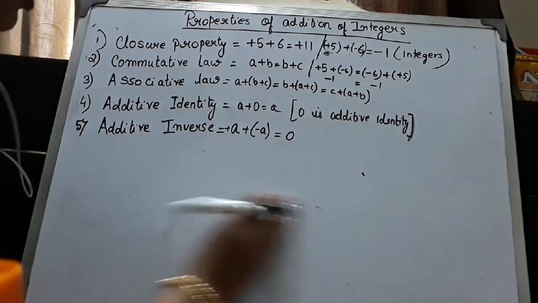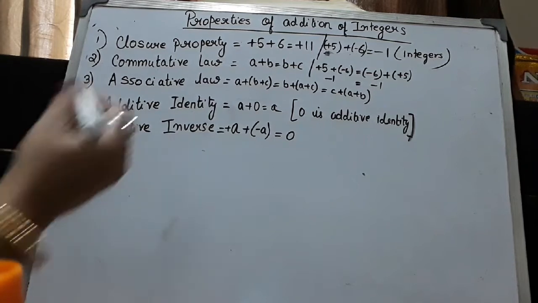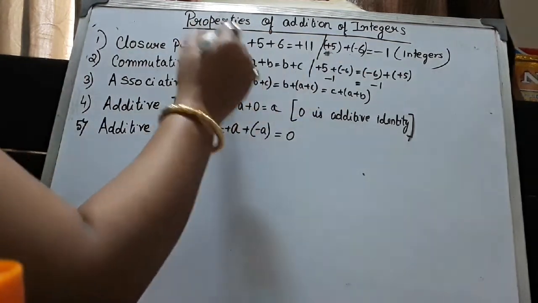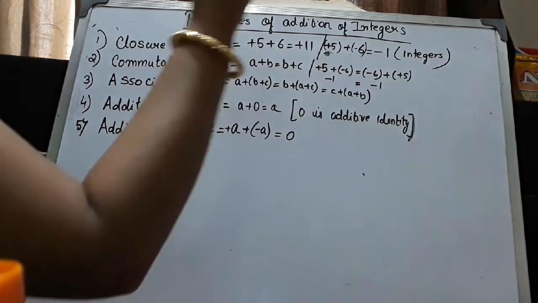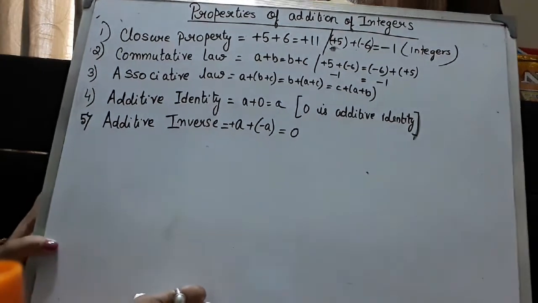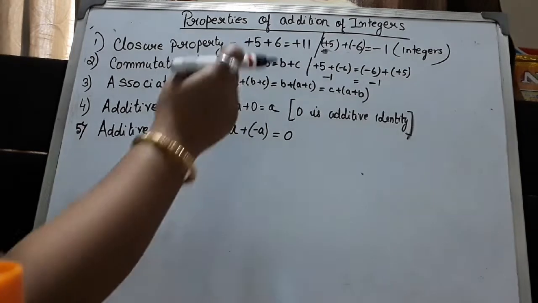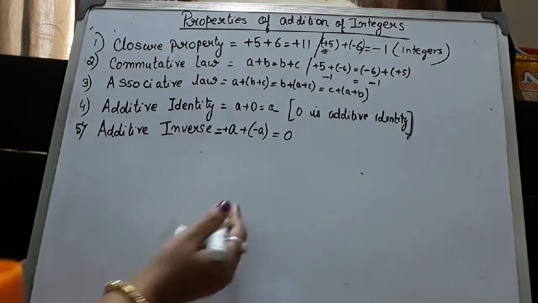So these 5 properties are of addition, and you have to remember closure property, that is any number you add, negative also, positive also, any digits, whatever you add, the answer will always be an integer. Commutative property, a plus b is equal to b plus a.